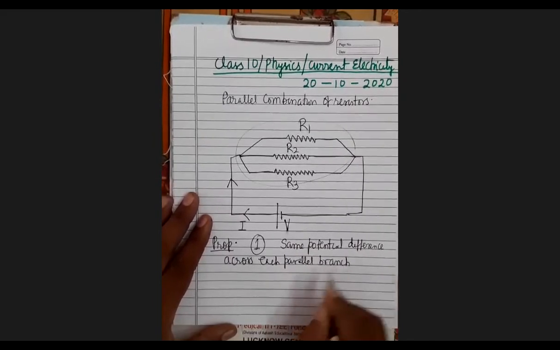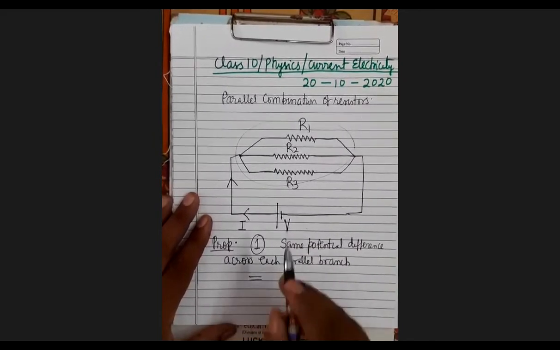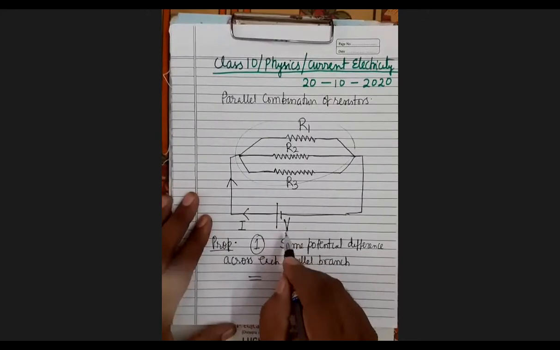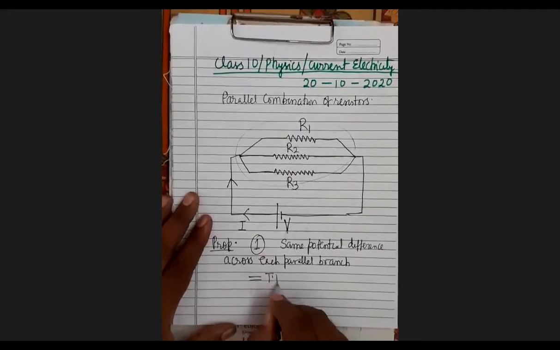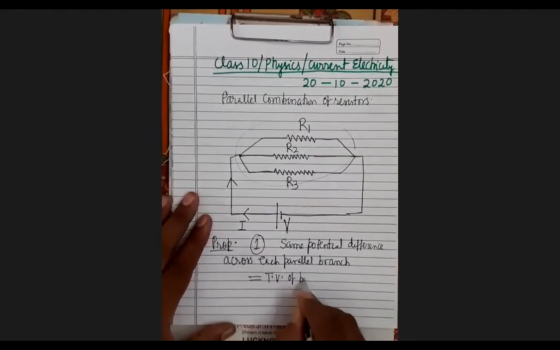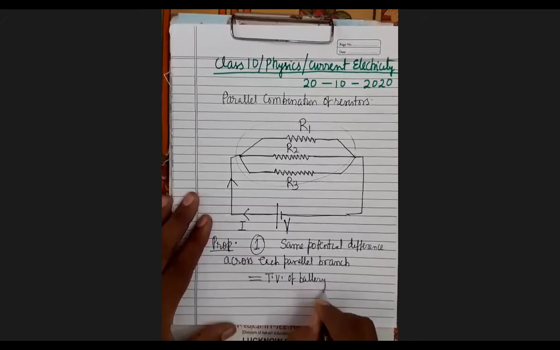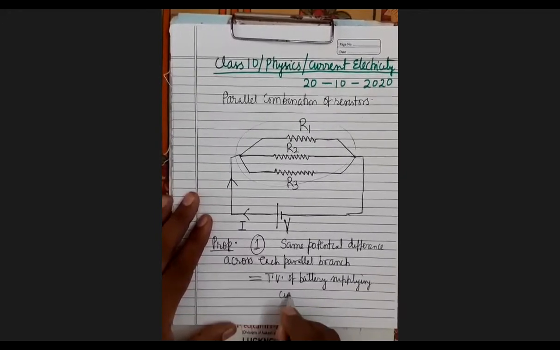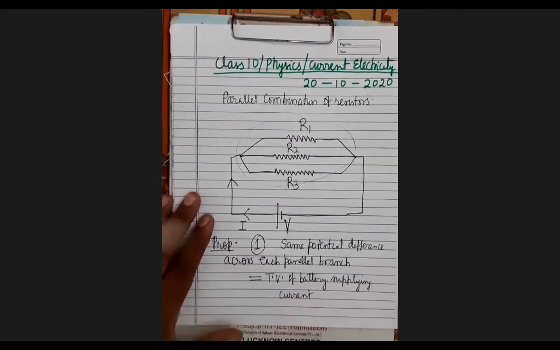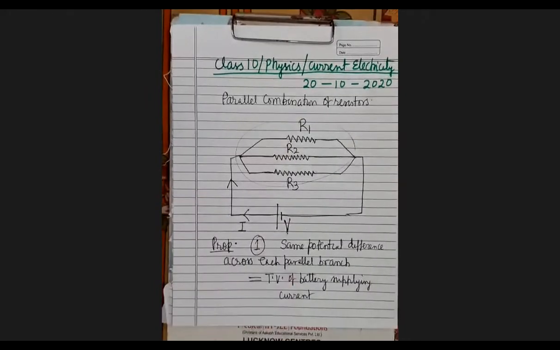And it will be equal to the terminal voltage of the battery supplying the current. It's clear. There will be the same potential drop across all the resistors, and it will be equal to the terminal voltage of the battery supplying the current.